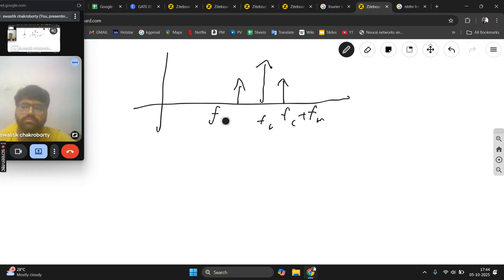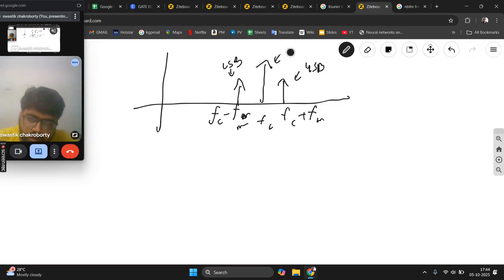So it is AM: there is a lower sideband, an upper sideband, and a carrier.